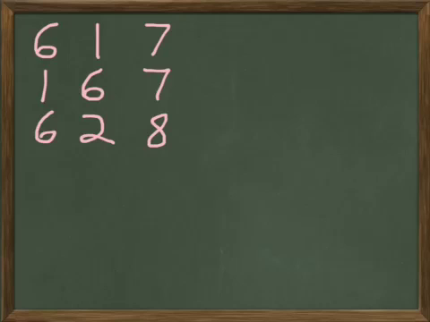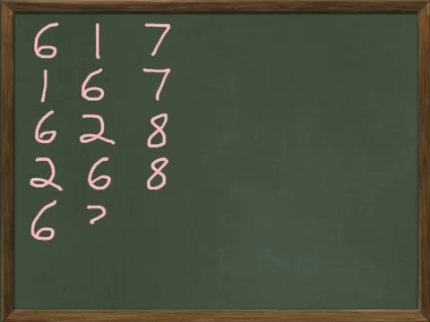And the same thing there, we flip those around, reverse the 2 and the 6. 2 and 6 are also 8. Then we go to 6 and 3. 6 and 3 are how many? 9. And then 3 and 6 are also 9.